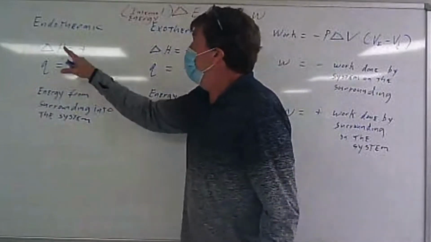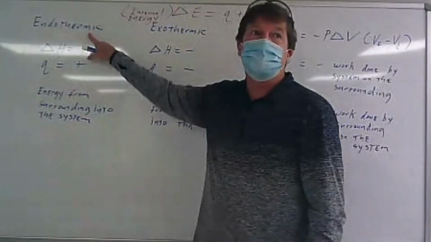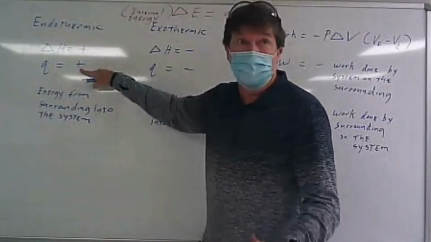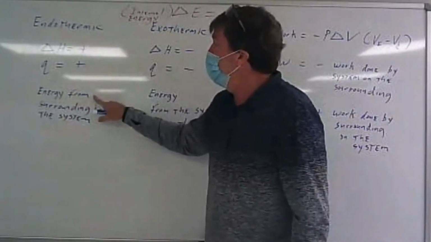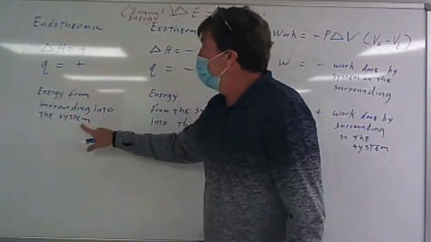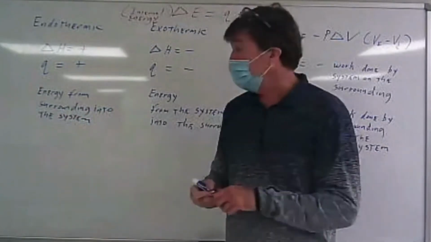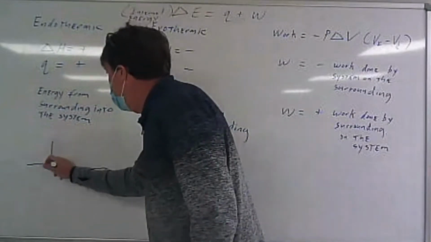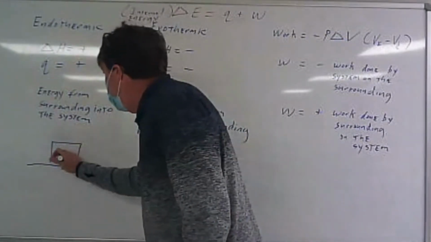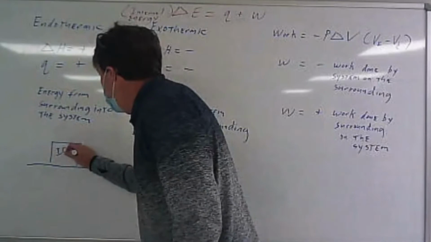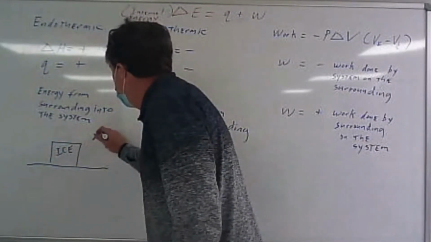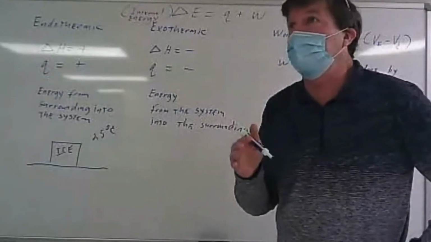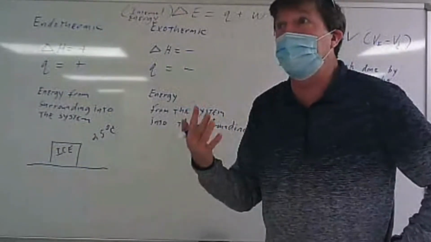Let's take a look here at an endothermic process. In an endothermic process, Q is positive. Here's what that means: energy goes from the surroundings into the system. Just think of it this way to start. If we have ice and we are at room temperature, heat always travels from regions of high temperature to regions of low.